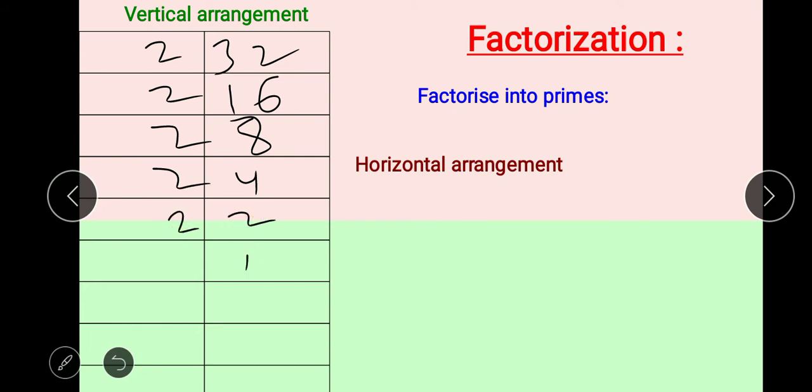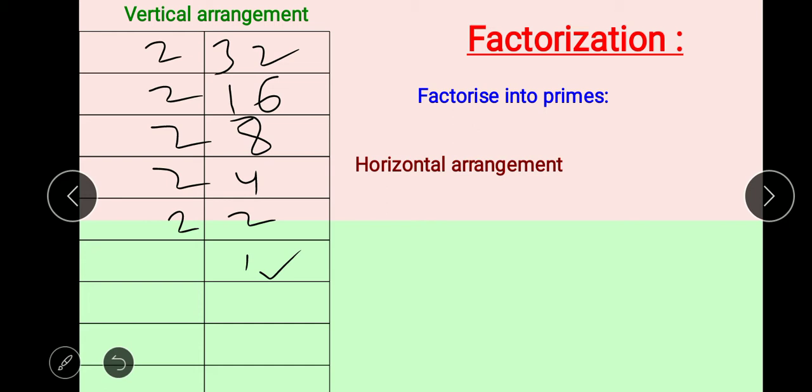Now 1 is the smallest number. It cannot be divisible by any number other than 1, so we'll stop the factorization and we'll write the factors as primes.